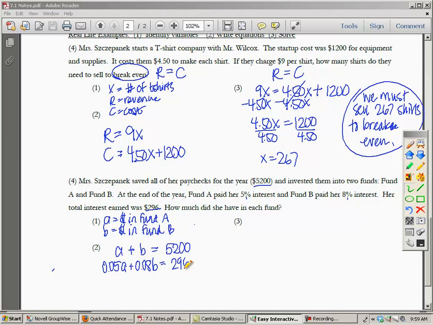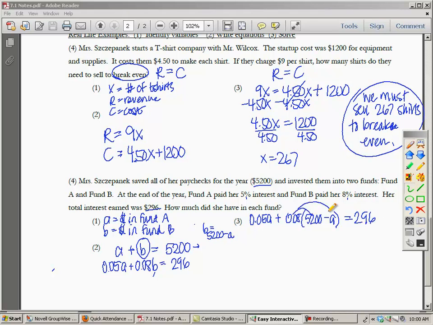Now we're going to use substitution because all of this today is substitution. So I'm going to solve, and it doesn't matter, but I'm going to find Fund A first, so I'm going to solve for B. So what that means is B equals 5,200 minus A. And I'm going to take that and plug it into B. So let's go through 0.05A plus 0.08 times 5,200 minus A, because that's what we said B is, equals 296.